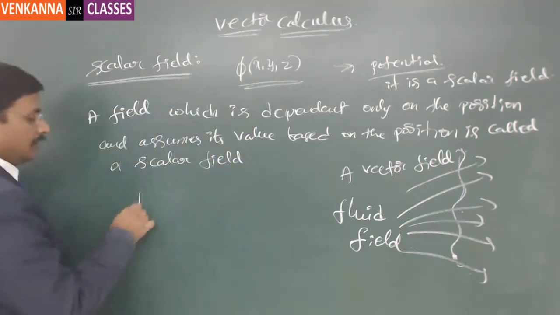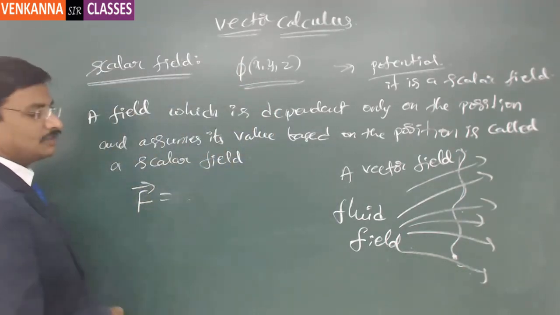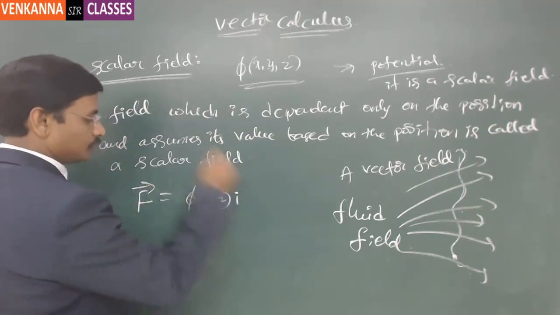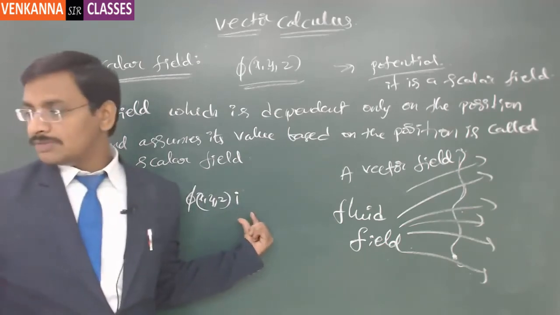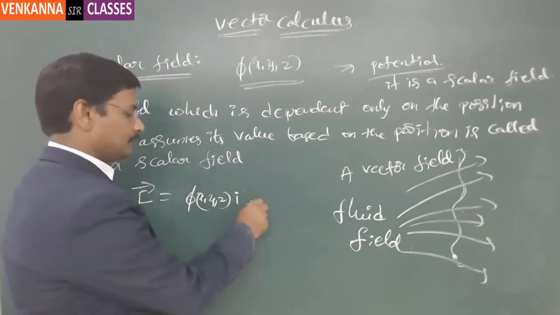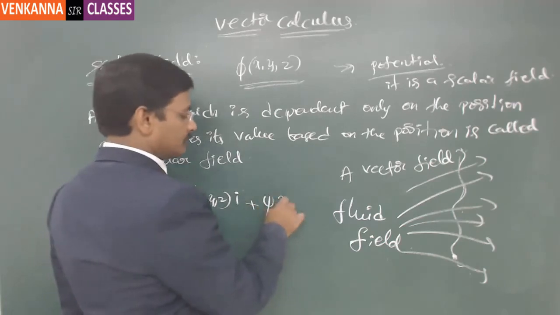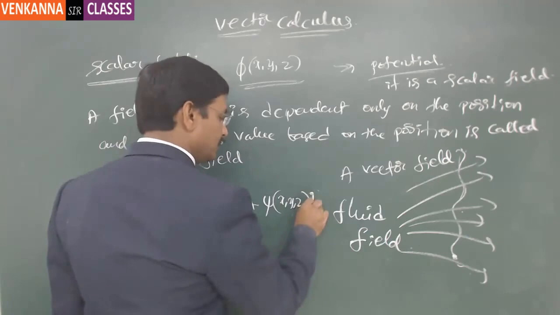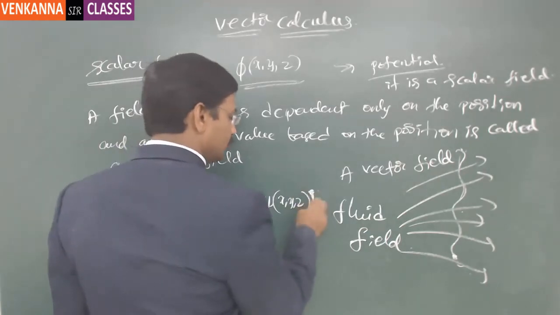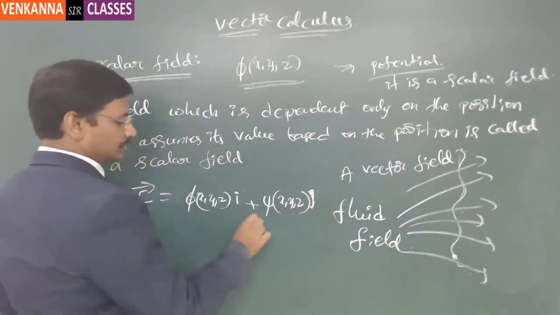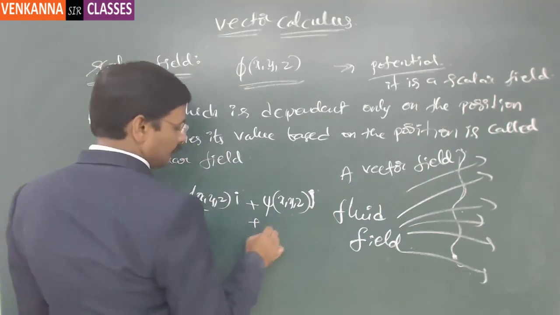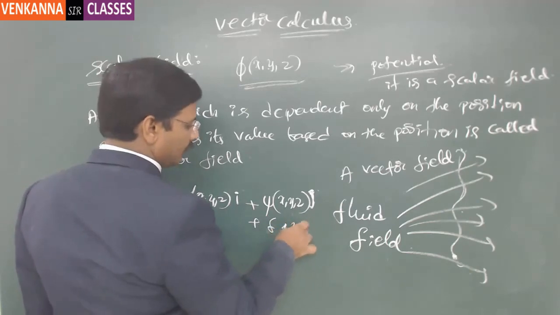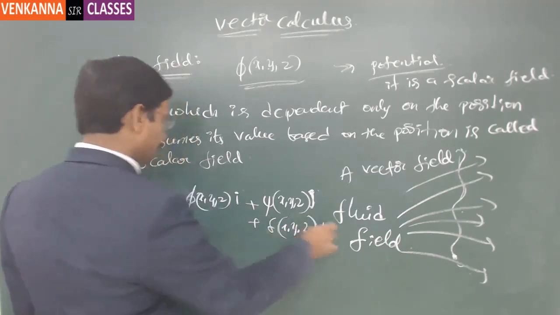So usually a vector field is represented as F = phi(x, y, z) i, so here the directional component comes into the picture, plus psi(x, y, z) j cap, so it is dependent on the position and at the same time on the direction as well, and plus gamma, or delta, (x, y, z) k.